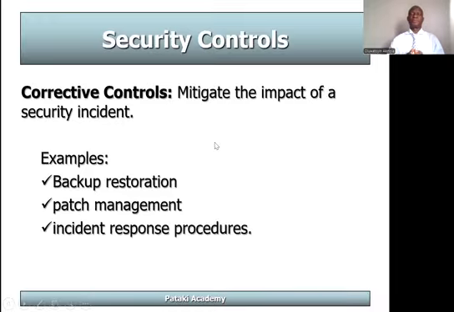Corrective control mitigates the impact of security incidents. Examples: backup restoration, patch management, incident response procedure.